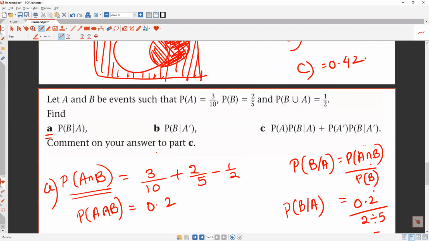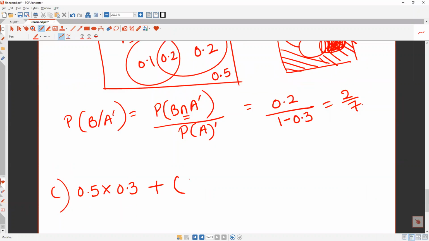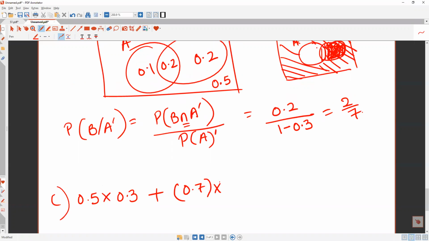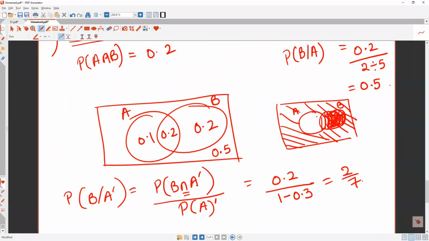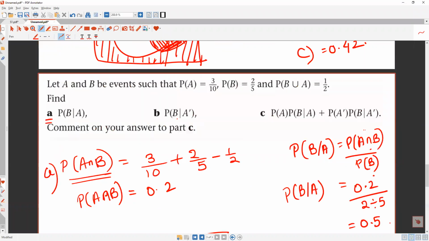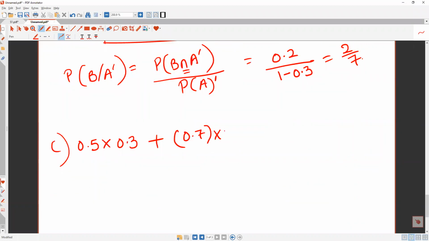P(A complement) is 1 minus 0.3, that is 0.7, multiplied by P(B given A complement), which we got as 2 by 7. Do this in your calculator and get the answer. Is this part clear with everyone? Yes or no? Yes. Clear.